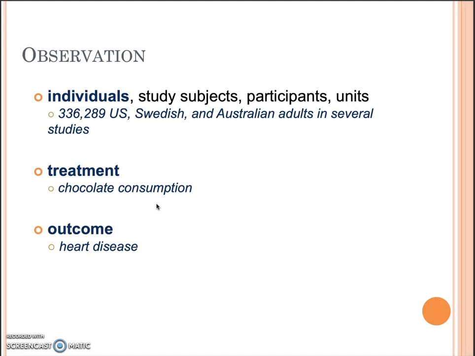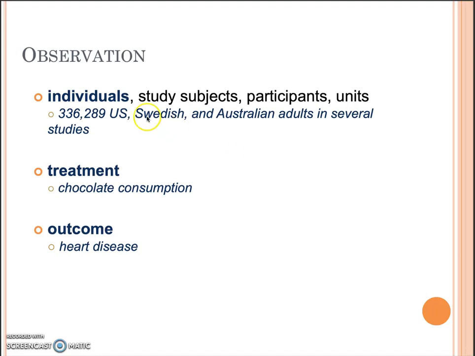The treatment actually is chocolate consumption. Then the outcome we try to observe is the heart disease rate. So that's the example of an observational study. We have our individuals, our treatment, and the outcome generated by the individuals.